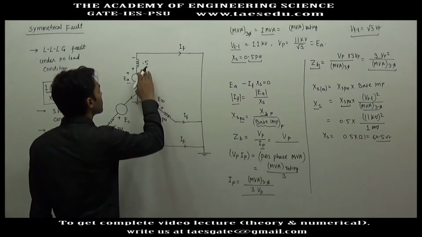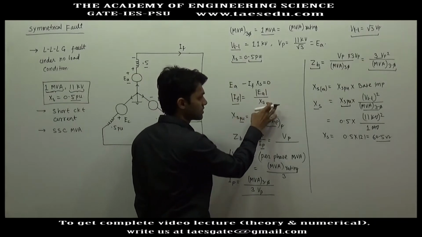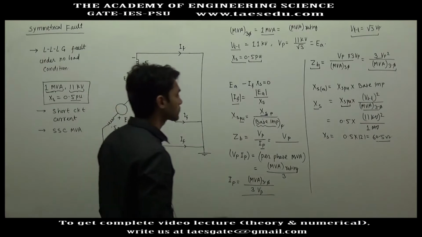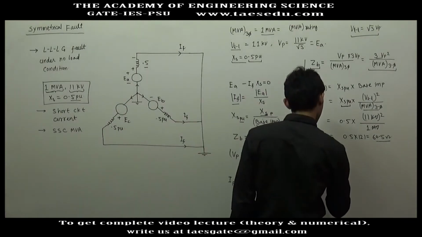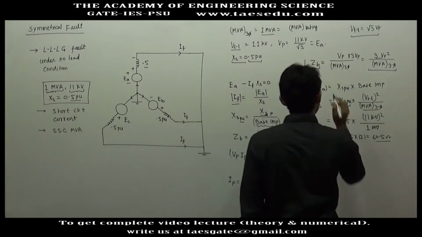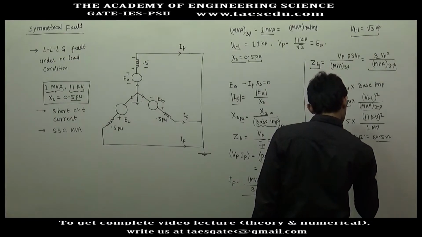The fault current is equal to the magnitude of voltage divided by reactance. So here we will have the fault current, as the per phase voltage is 11 kilovolt by root 3, divided by 60.5.